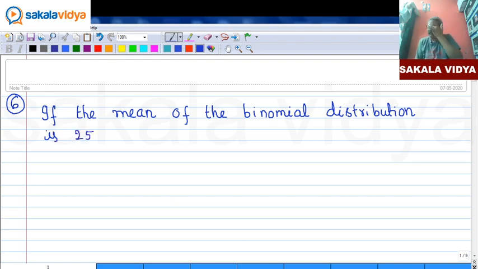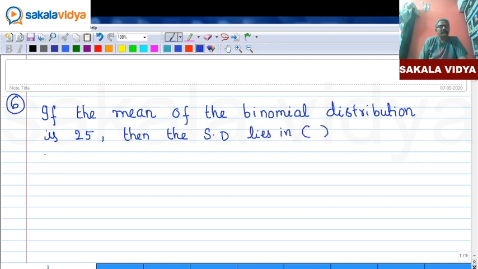So numerical errors may be there, you need to check it now. Then the standard deviation lies in. First option closed 0 comma 5 open.